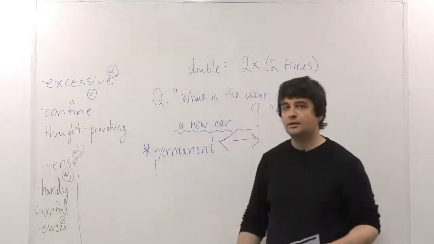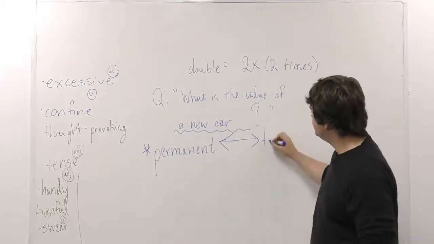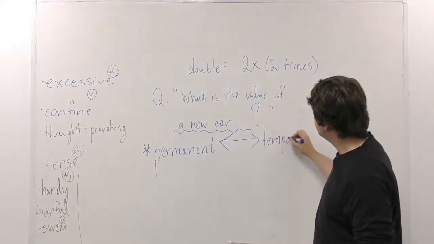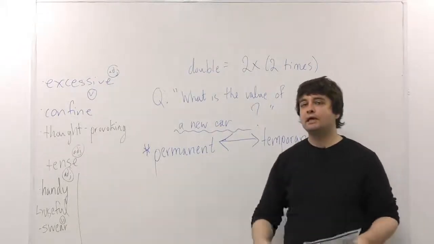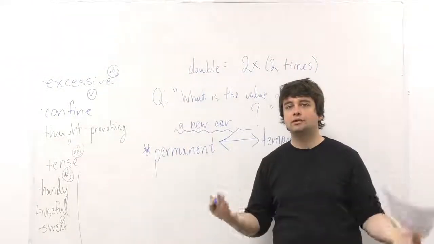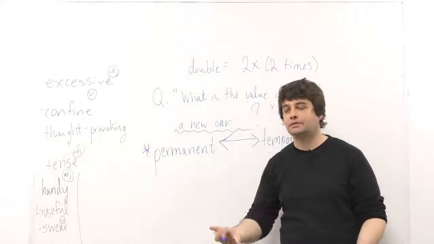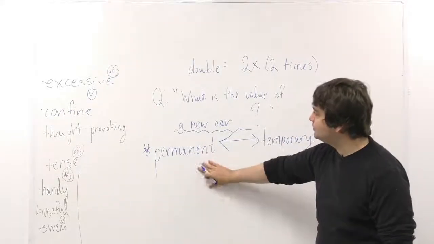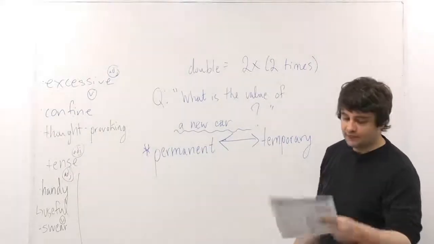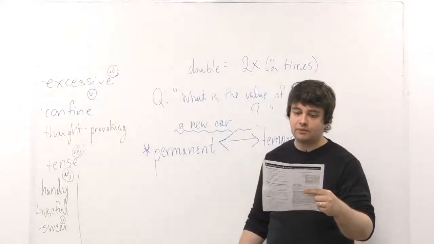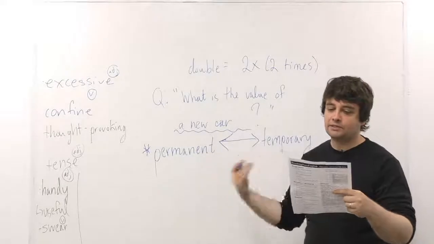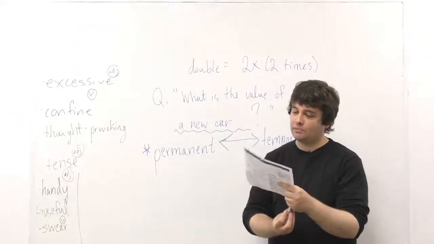The opposite of permanent is a term that starts with T, and that is temporary, right? If something is temporary, it lasts just for a certain amount of time and then it ends. Whereas if something is permanent, it lasts forever. So Netflix thinks the increase in membership will be permanent.